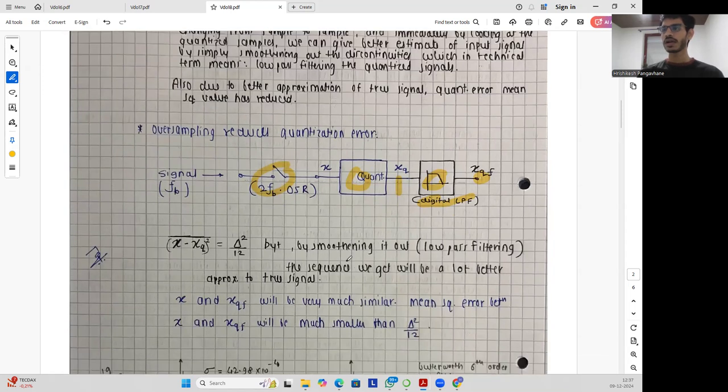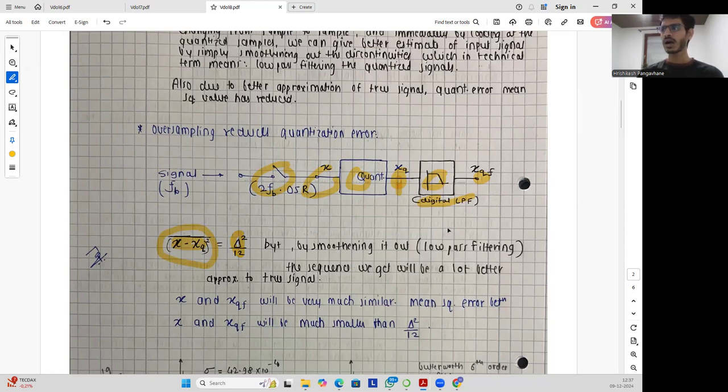So at this point, we can say that the quantization error was basically x minus xq, or xq minus x, and its root mean square value was the quantization noise, which was delta square by 12.